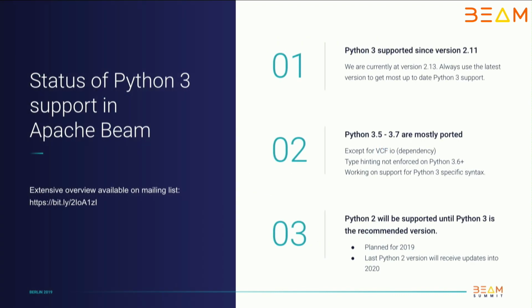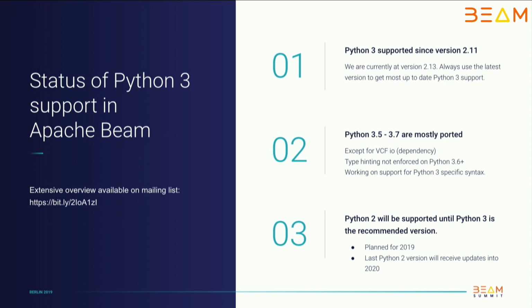So, a status of where we are right now with Python 3 support. We added it first in version 2.11, and we are currently at version 2.13. So always make sure to use the latest version because we're still working on improving this Python 3 support. Most of Python 3.5 to 3.7 are ported, except for VCF.io, which might not be ported due to an unmaintained dependency.